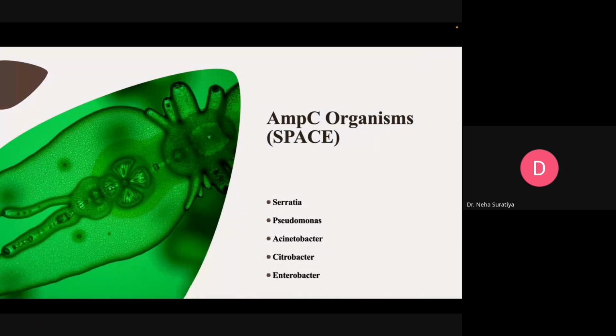If you use a cephalosporin initially, within a short time it will show you the resistance if it is AmpC. So we have Serratia, Pseudomonas, Acinetobacter, Citrobacter, and Enterobacter. You need to remember the mnemonic to understand which organisms fall under this category.